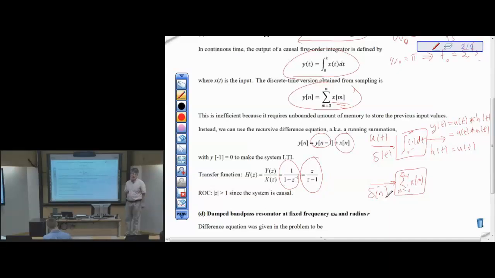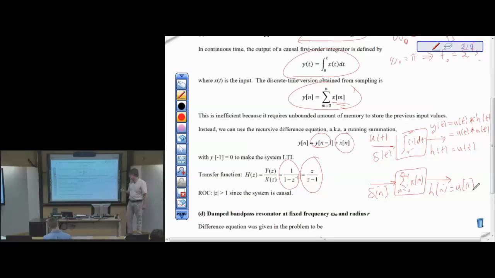And otherwise? 0. Okay, so it's an impulsive event. Now, if I take a running sum of this, the first input is 1, and every other input value is 0. So what's the output? 1, when n is greater than or equal to 0. Which function is that? Unit step. So the impulse response in discrete time is the unit step.